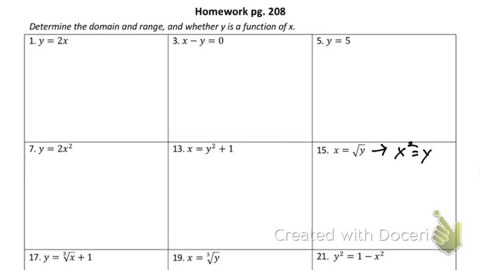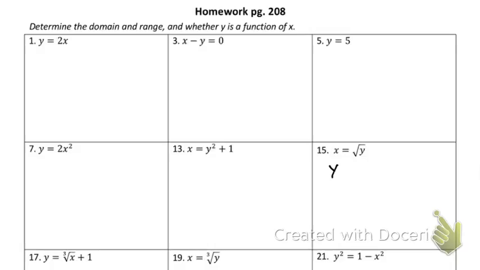And why it's not true is how we started out, with just the square root of y. And the square root of y, what can't we have under our square root? A negative value.